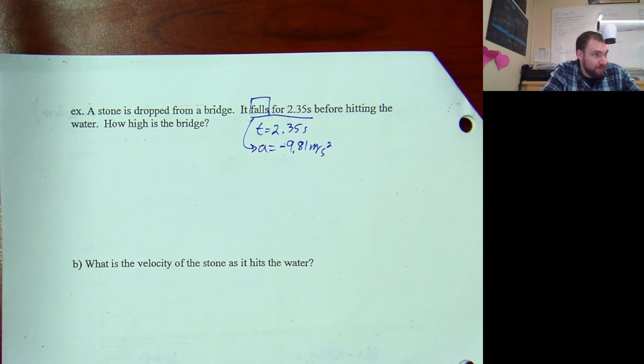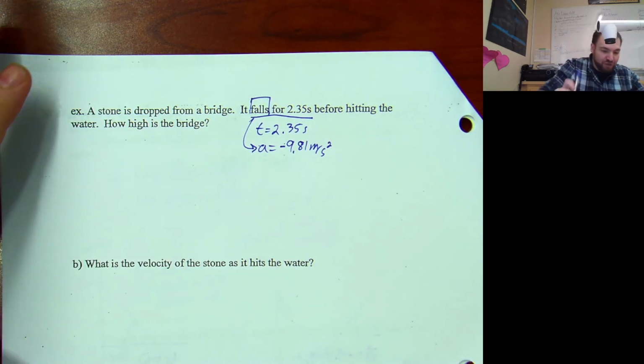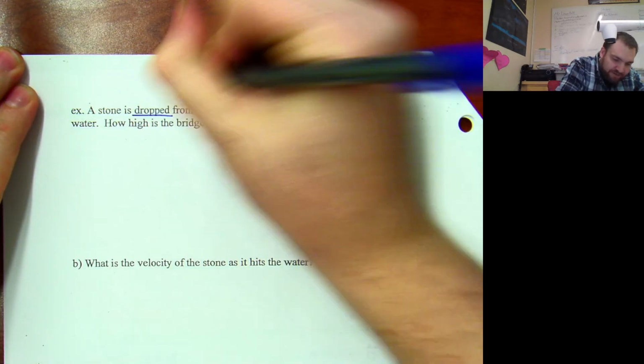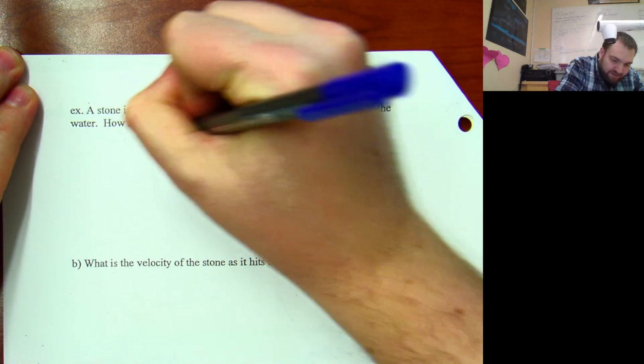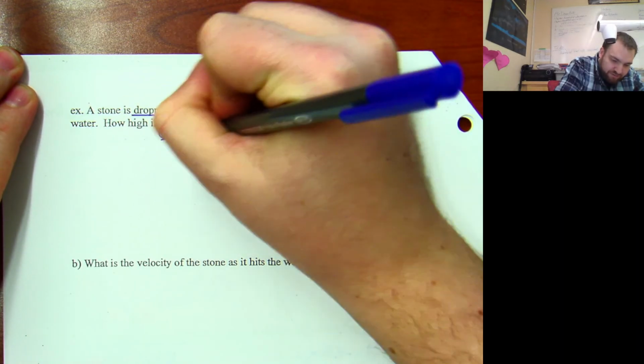Why is the V initial 0? Because I'm dropping it. It was in my hand, and I went like that. I didn't throw it down at you, Luis, in the water. I just dropped it. So this word right here gives us that V initial equals 0.